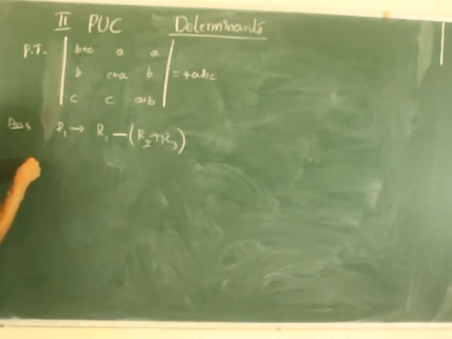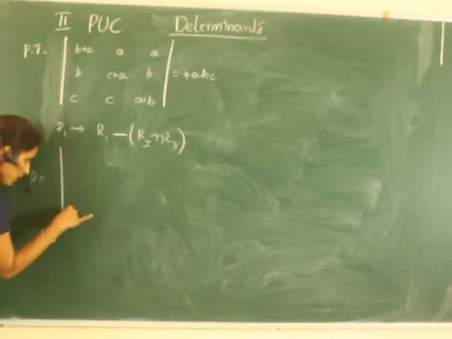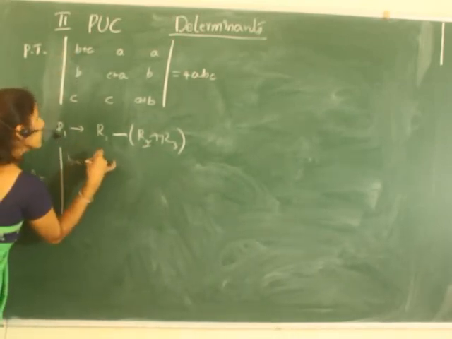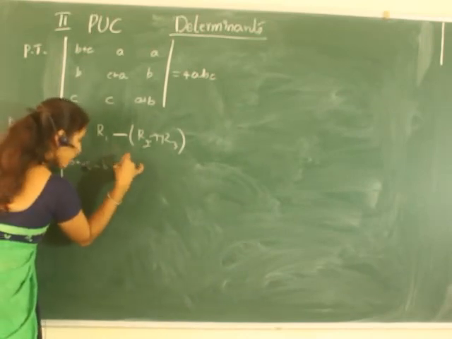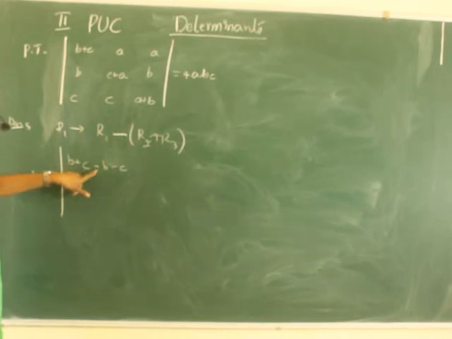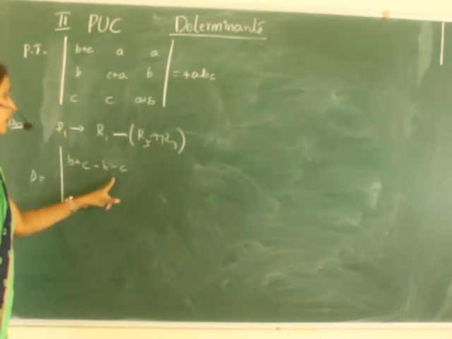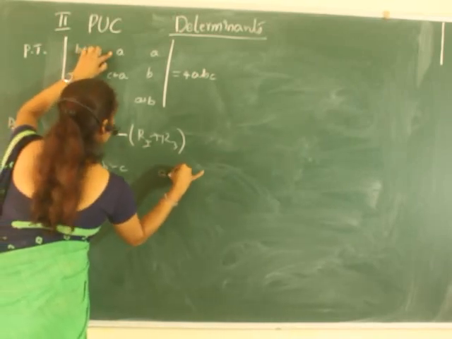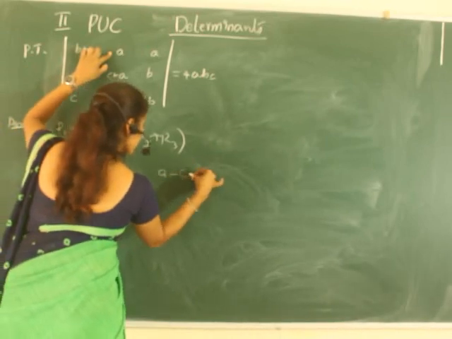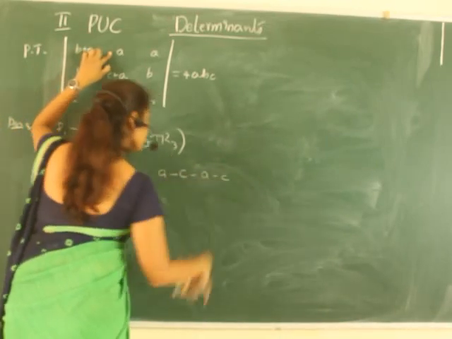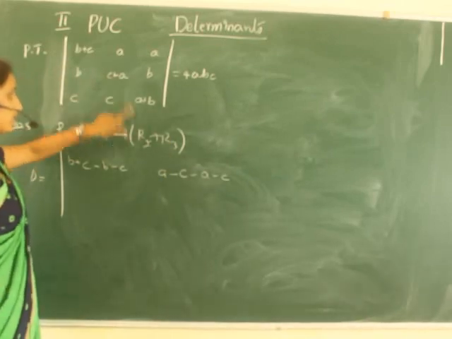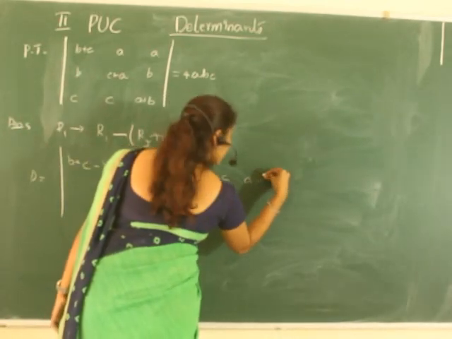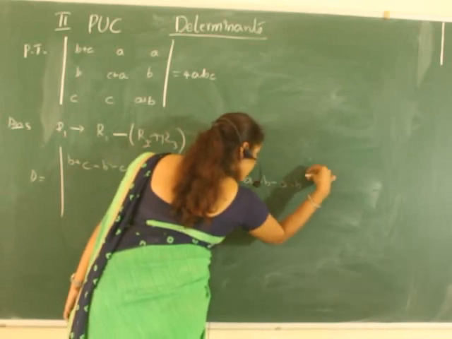So what we get, delta is equal to r1 changes, b plus c minus b minus c minus b minus c, and this will be a minus c minus a minus c, and here it will be a minus b minus a minus b.